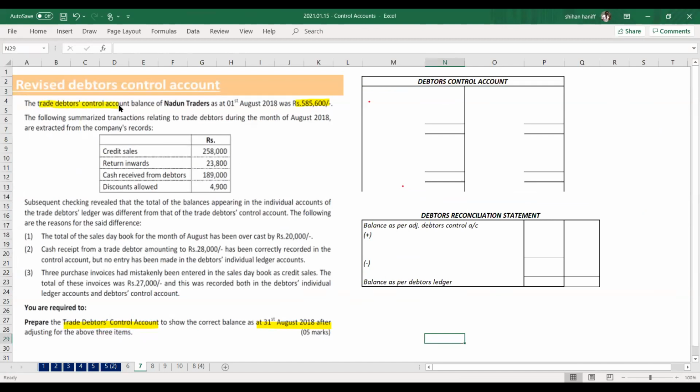The trade debtors control account balance of Nadum Traders was 585,600. The following summarized transactions related to trade debtors during the month of August are extracted from the company's records: credit sales, return inwards, cash receipt, discount allowed.